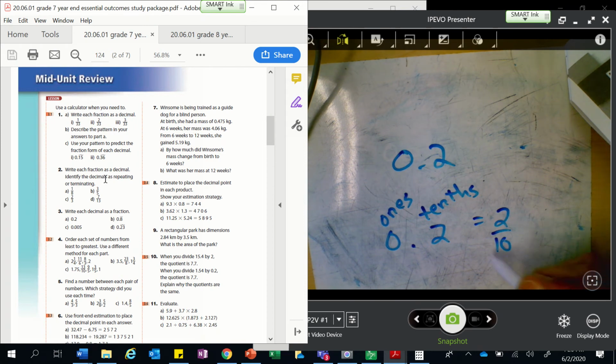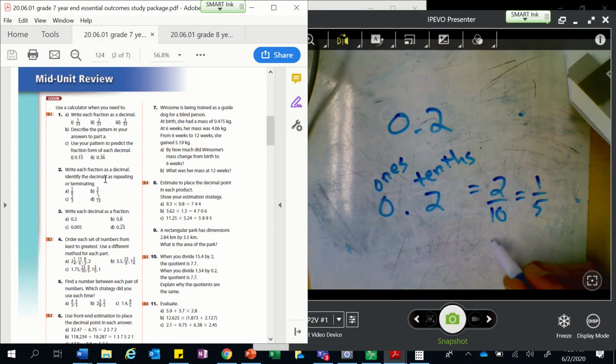But is this correct? Not quite. You could easily simplify this to 1 over 5. You can divide by 2 and simplify to smaller numbers that indicate the same size of fraction, because as we know, 2 tenths is equal to 1 fifth.